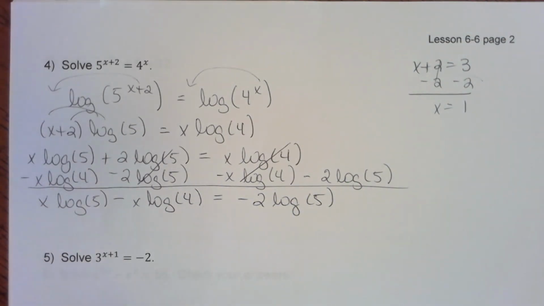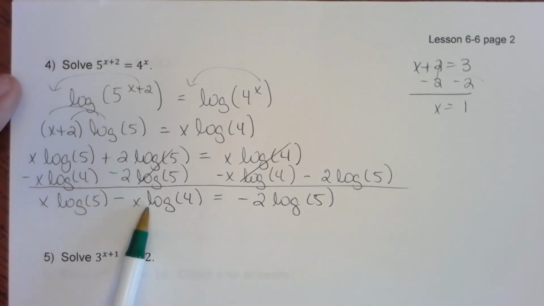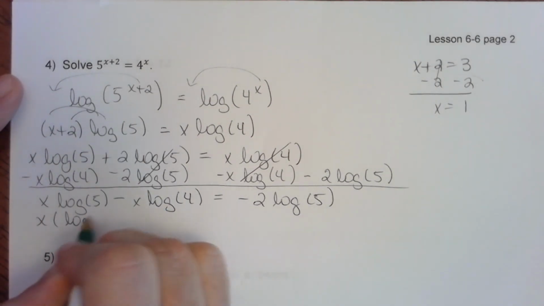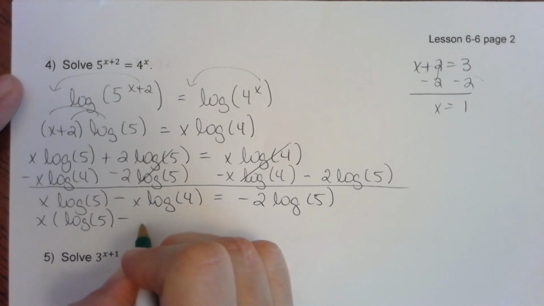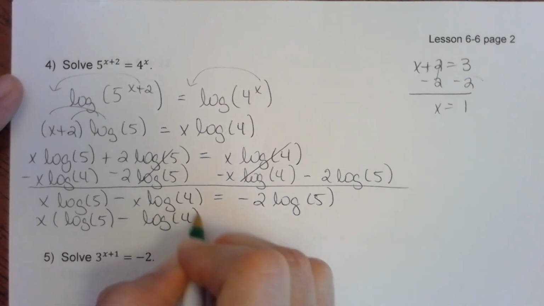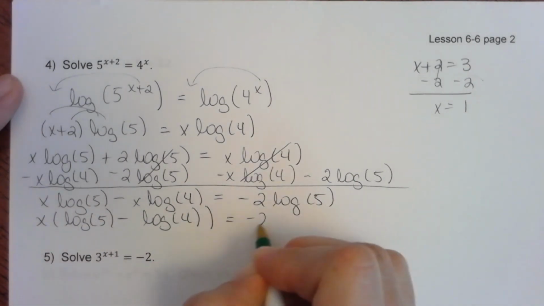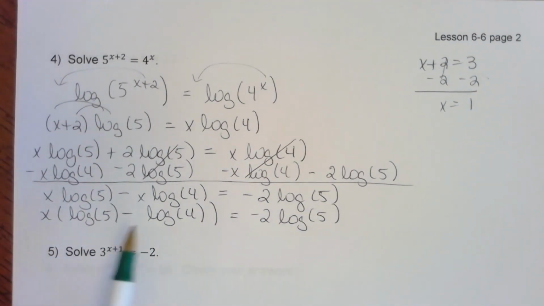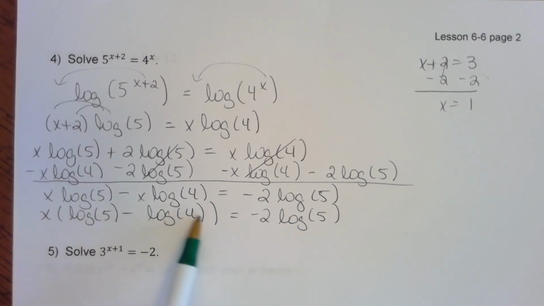Now at this point we have two terms and they both have an x. We can factor out that x. And now we have x times all of this. So we can just divide both sides by all of this right here to get x by itself.